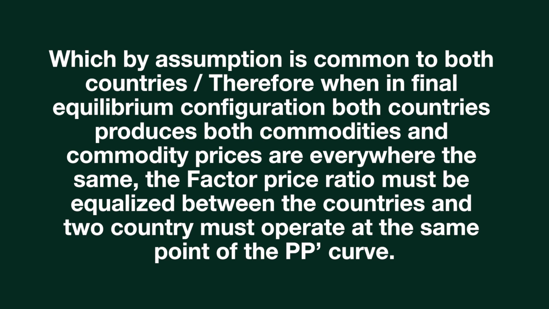When the assumption is common for both the countries, the final equilibrium configuration indicates that a country will be on the PP prime line, and factor price equalization will happen due to trade, because as long as there is a gap between these, trade will be meaningfully initiating a rise in factor prices for country 1 and a fall in the wage rental ratio in country 2.